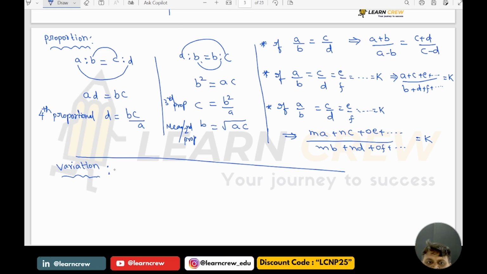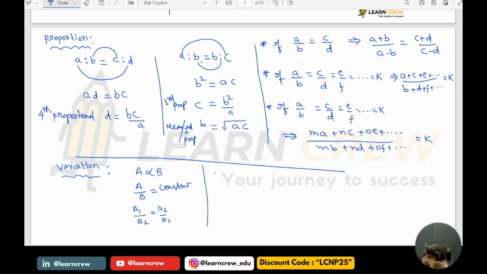There are different types of variation. One is direct variation. So if A is directly proportional to B, then their ratio is constant. Means A1 by B1 is equal to A2 by B2 is equal to A3 by B3 and so on.